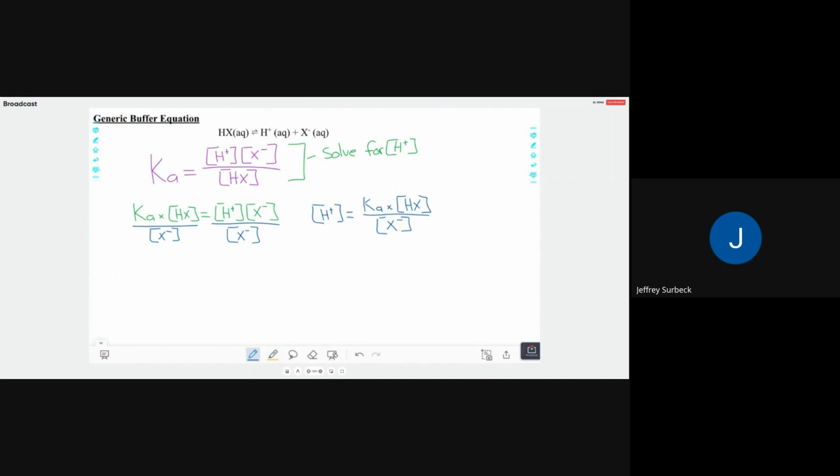That gives us a starting point for what we can talk about next. So we solve for H plus because remember, if we know H plus, we can plug it directly into that pH formula, which is great, but we still have to figure out how exactly we get to that point.